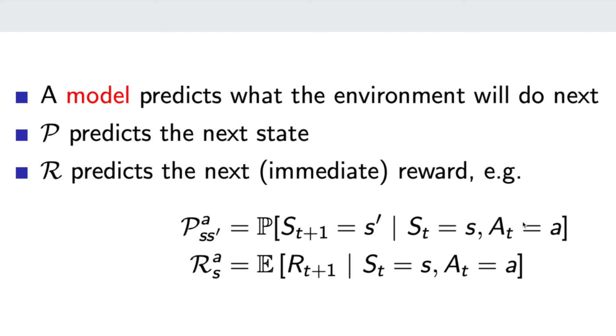So given the state that you're currently in and the action that you want to take, predict what the next state is going to be. So that's this portion. And then R here is basically predicting the reward. So if you take the current state and the current action, whatever action that may be, what is the expected reward that you're going to get?